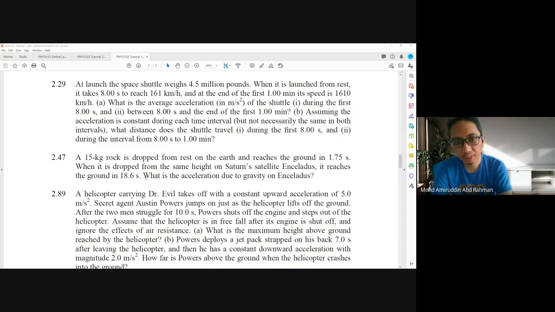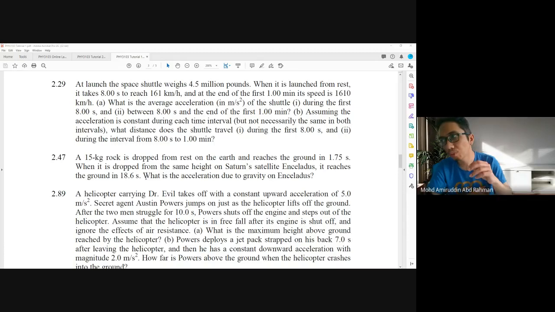So we have the y-axis, where plus y will be downward. The current location y minus the initial location y naught is equal to the height.